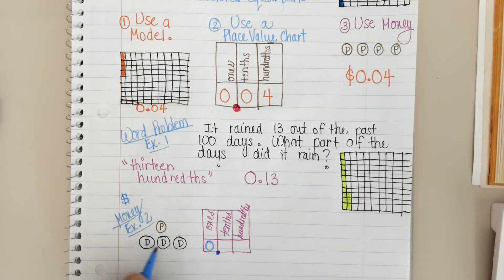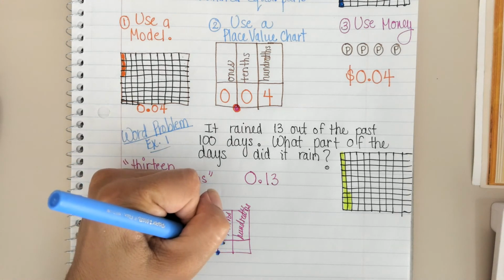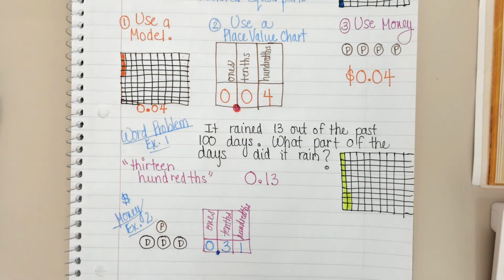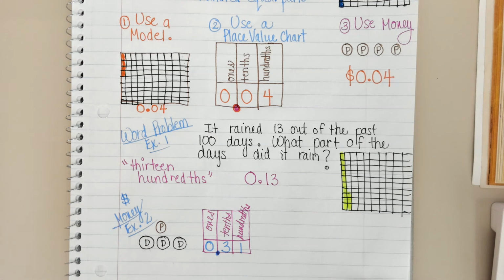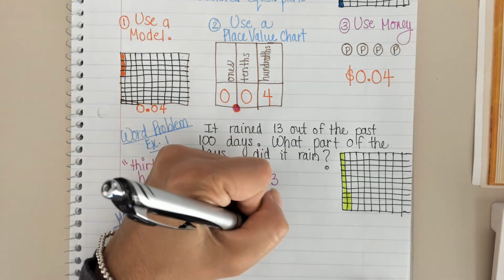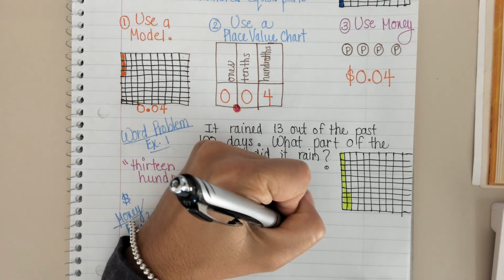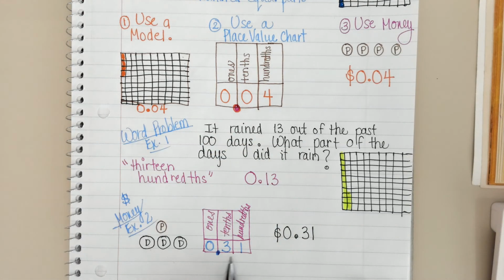We have 3 tenths and 1 hundredth. That's 31 cents. This is said when we talk money, 31 cents, because this is 31 out of 100.